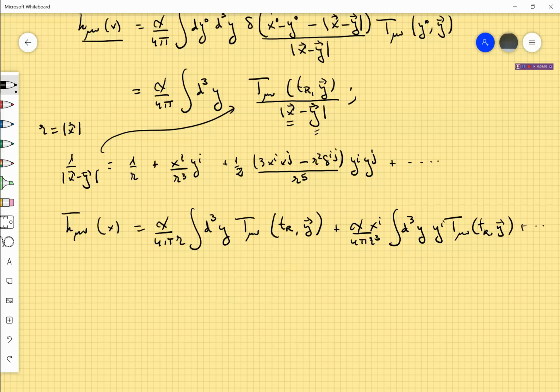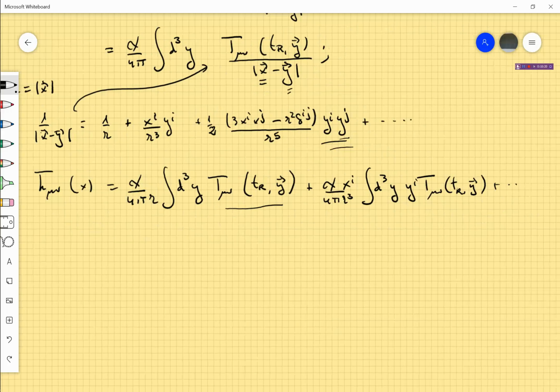And higher order terms in which you will always get products of the coordinates, first 2, then 3, and so on, and T^μν. So these integrals of the product of the distribution T^μν by these coordinates are the moments of the distribution, and they completely characterize the distribution.